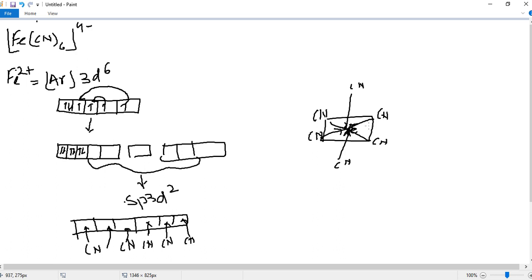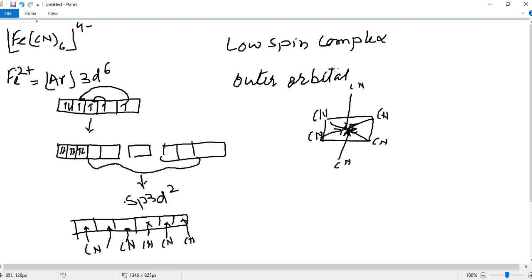Now in this case you can see the spin is reduced. So this complex is termed, because the spin is reducing, we will call it a low spin complex. What will we call it? Low spin complex. And they used inner orbitals. You can see pairing happened, inner orbitals were used, so what will we call these? If it's spin reduced, that will be a low spin complex.